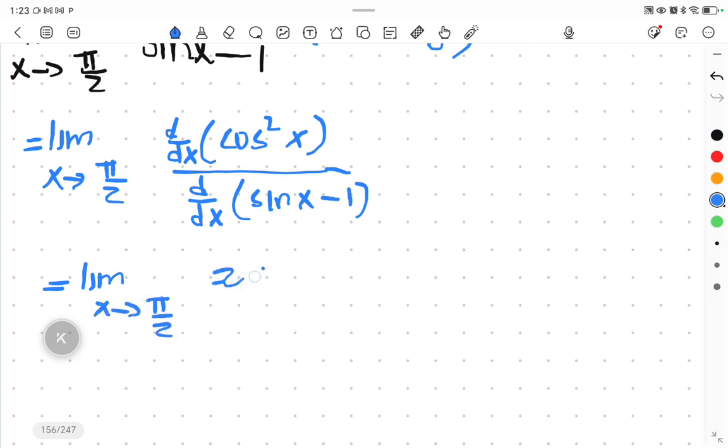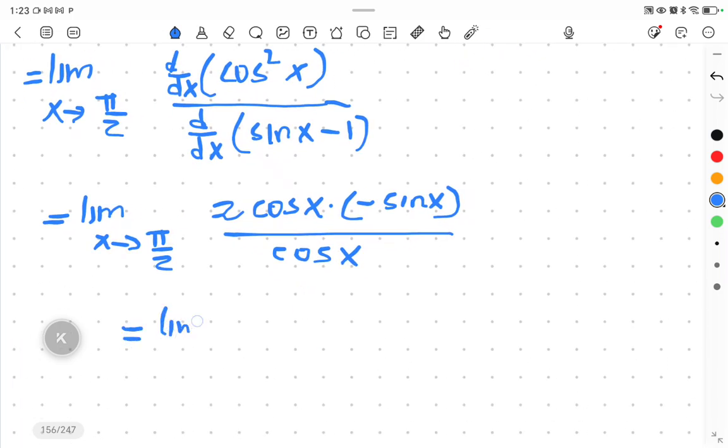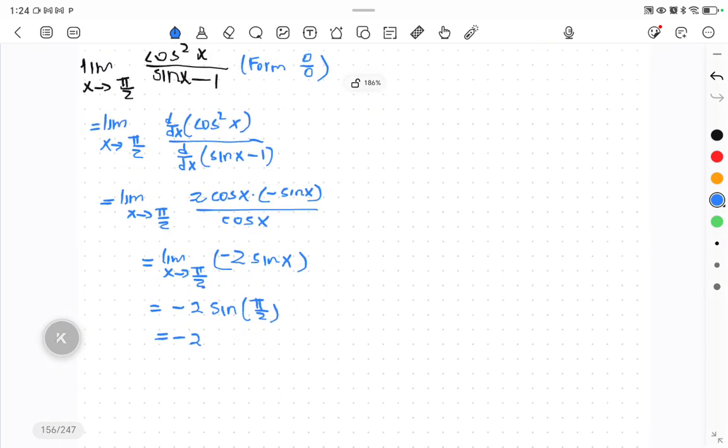Here I'll drop the 2, I keep the cos, I subtract 1 on the exponent, times the derivative of cos, which is minus sine x, all over the derivative of the denominator, which gives cos x. Then I'll have minus 2 sine x. Put it inside the brackets. Now this would be minus 2 sine of pi over 2. You know that sine of pi over 2 is 1, and this would be minus 2. You see, right? Then that will be the idea.